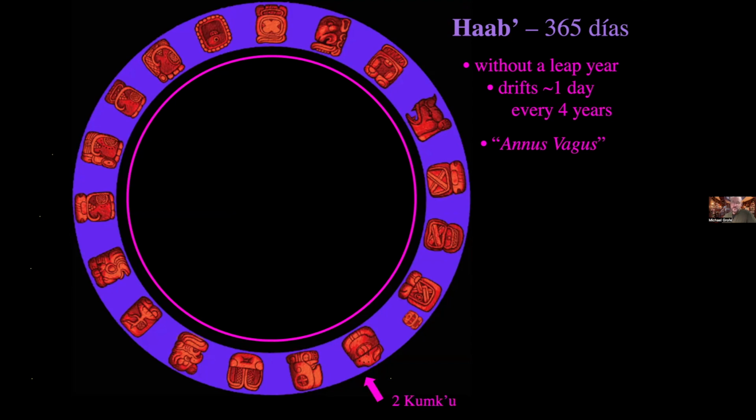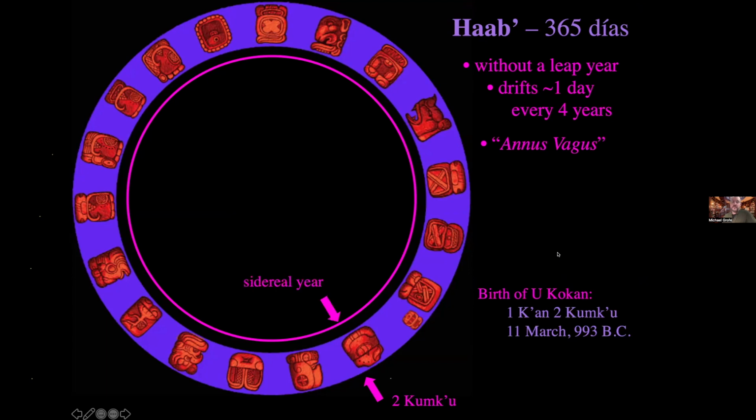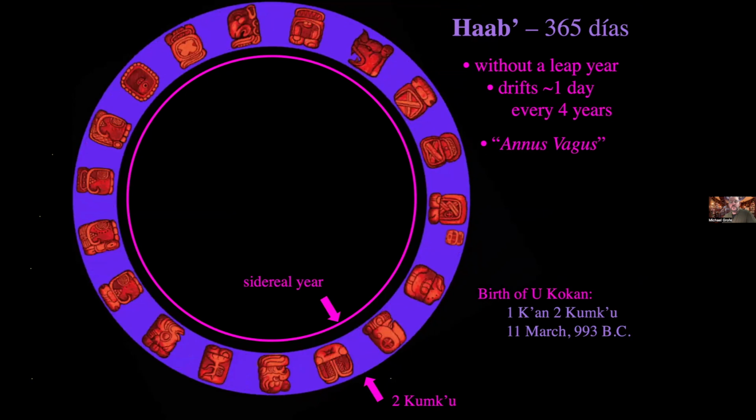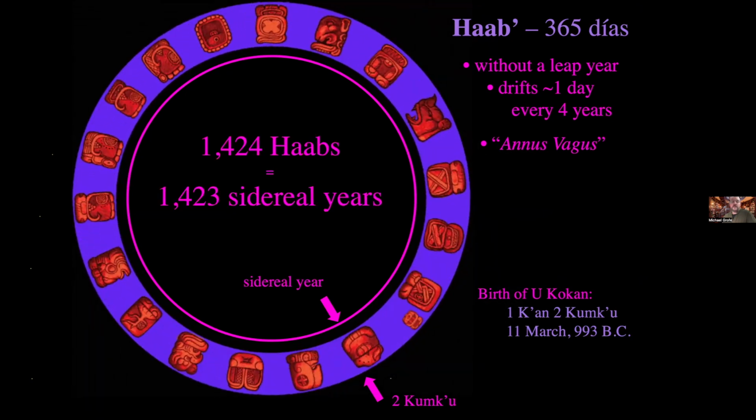But if we position the date of the birth of U Kokan on 1 Kan 2 Kumku in the Haab, again this is 11th March 993, and we look at that position in the sidereal year, we would have to count forward by a total of 1,424 of these 365-day Haabs, and we then return the Haab position to Kumku to its exact same location.